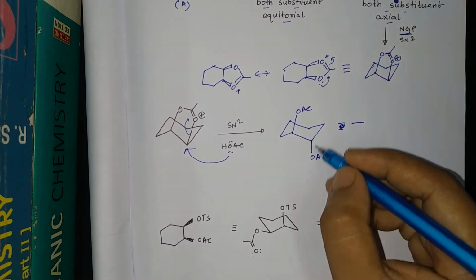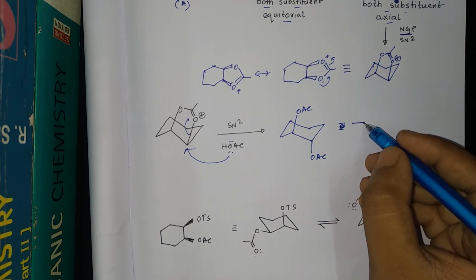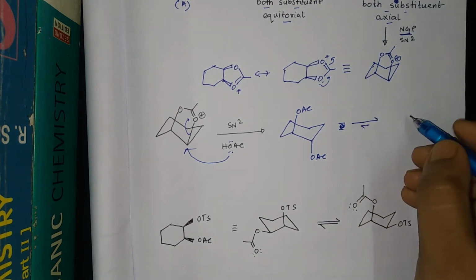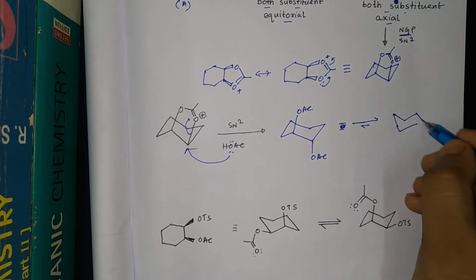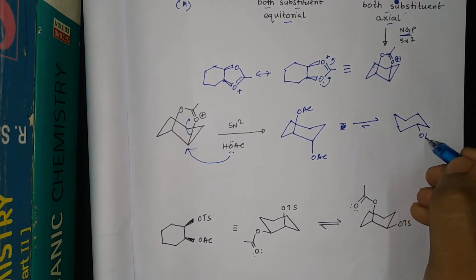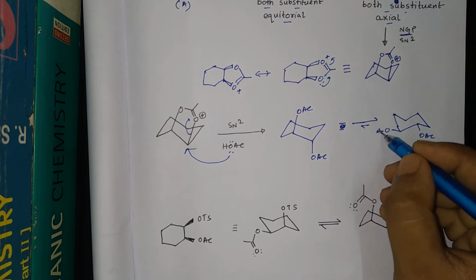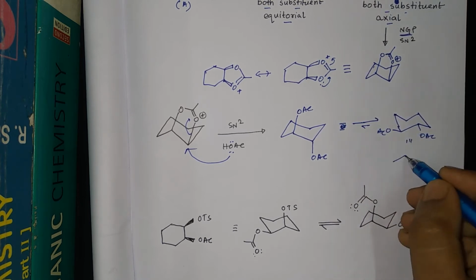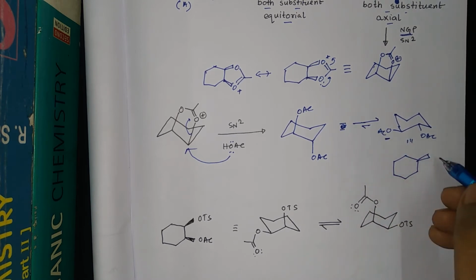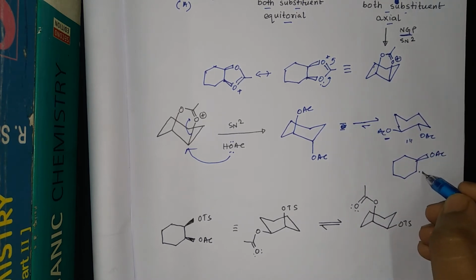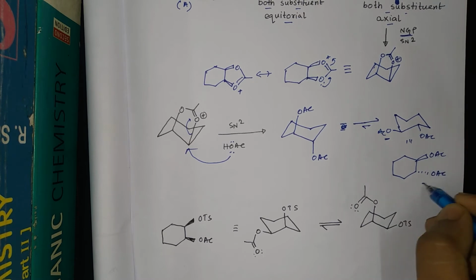After ring flipping it will form like this, with OAc and OAc both in the equatorial position. One is above and another is below, so trans is the stereochemistry of the product.